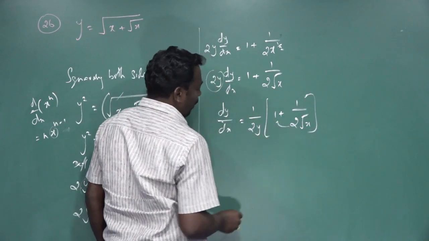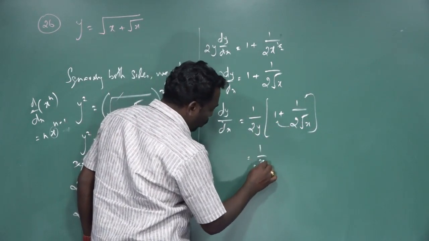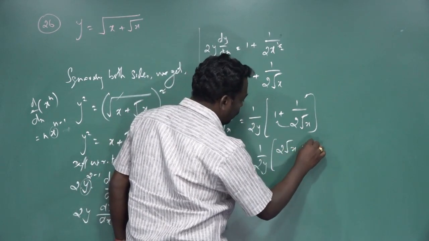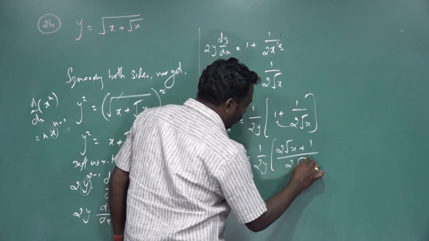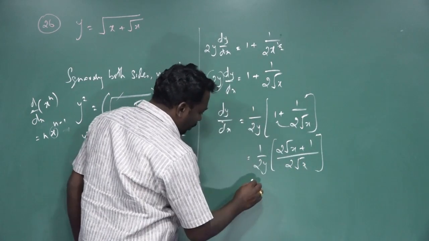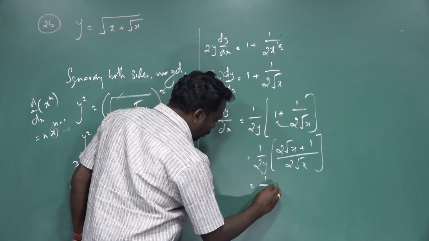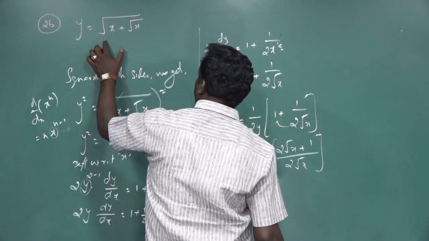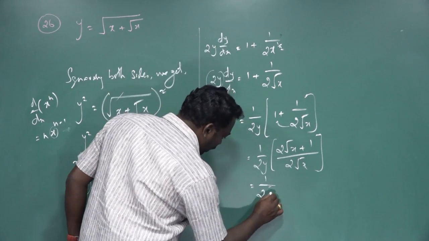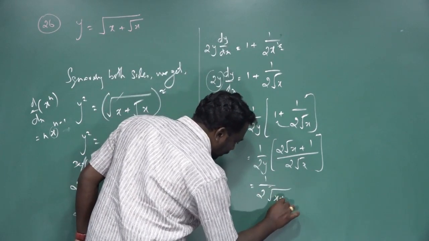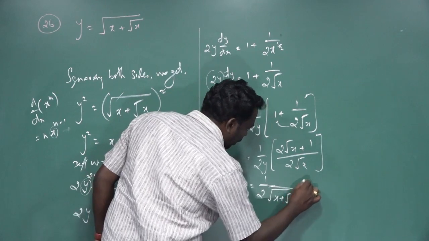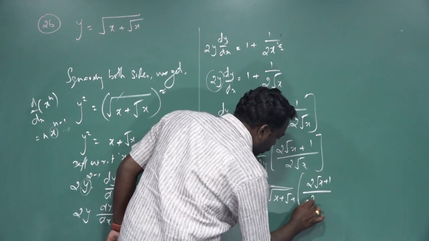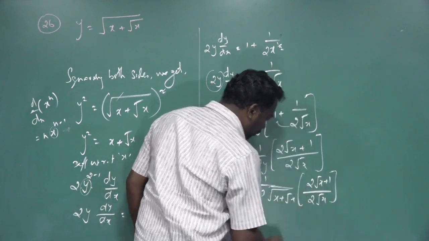Taking the common denominator, that is equal to 1 by 2y within the bracket (2 root x plus 1) by 2 into root x. Now that is equal to 1 by 2 into 1 by y, and y is called root of x plus root x. Just substitute the value: root of (x plus root x) into within the bracket 2 root x plus 1 by 2 into root x.